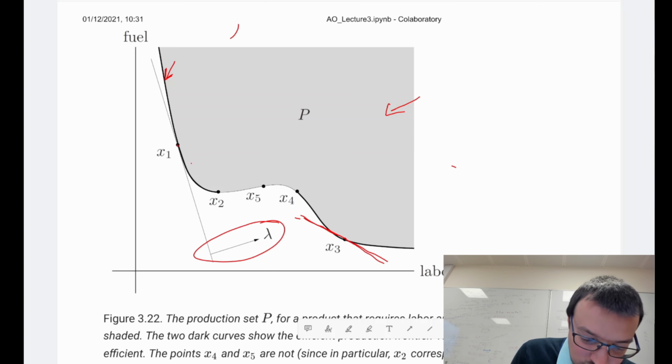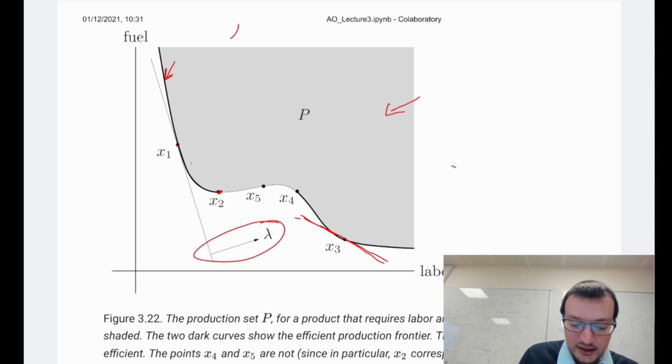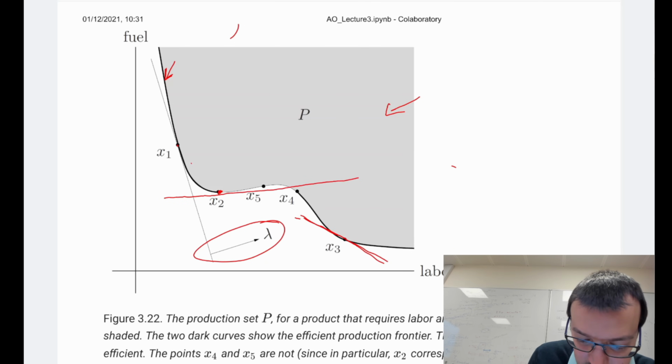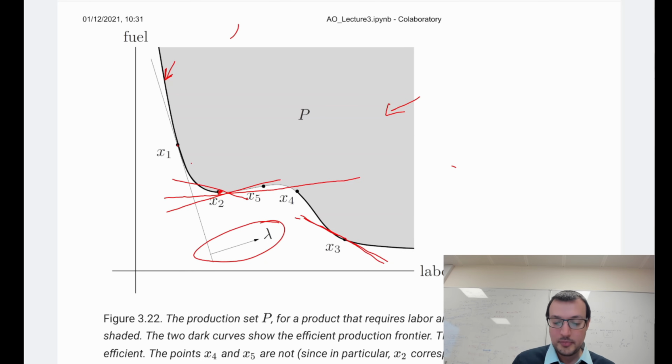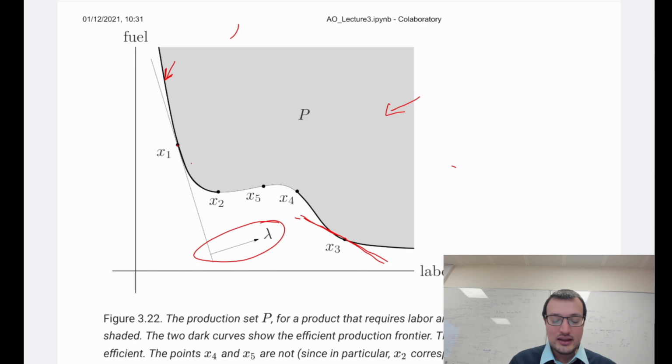But the point x2, which is minimal, cannot be found using a supporting hyperplane, because if I trace this hyperplane like this, I'm going to cut P, and no matter how I try to pass through x2, I'm always going to chop P. So x2 is a minimal point, but as we said, the condition that we have seen based on these supporting hyperplanes is just sufficient, not necessary, and that means that there are minimal points, and so Pareto-optimal points, that cannot be found by tweaking this lambda. And x2 is exactly a point like that.